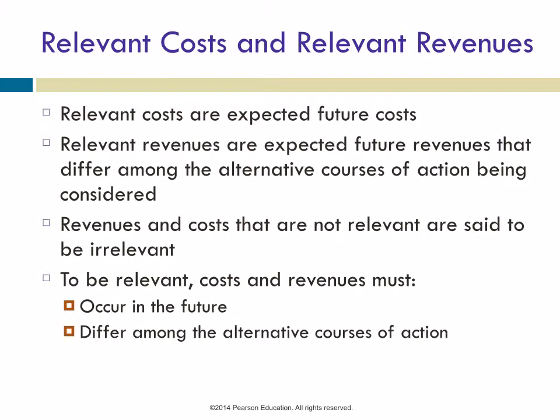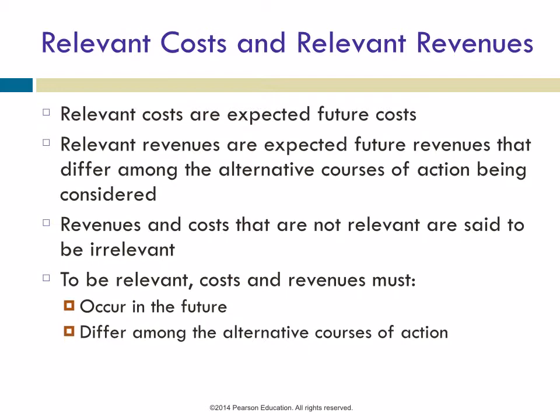So, when we talk about relevant costs and relevant revenues, we're talking about that in the context of relevant to the decision-making process of choosing between alternative A and maybe alternative B. So for these to be relevant, they have to occur in the future, and they also have to be different among the various alternative courses of action that you're looking at.